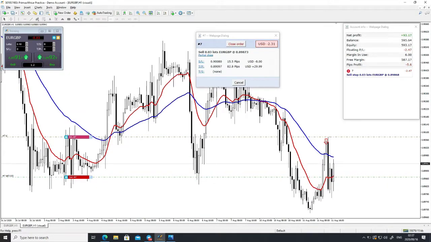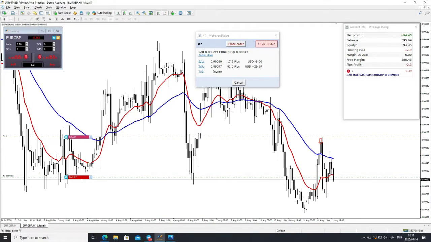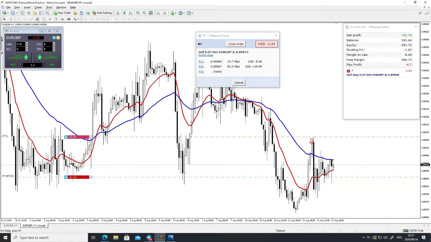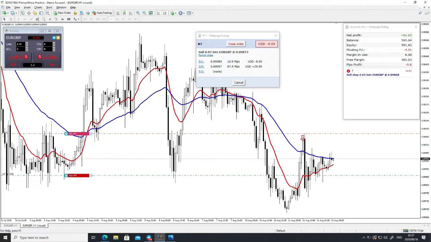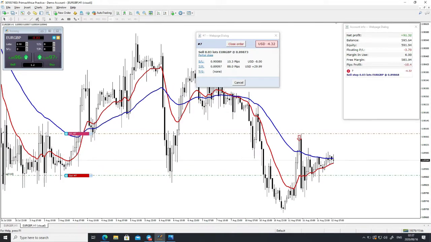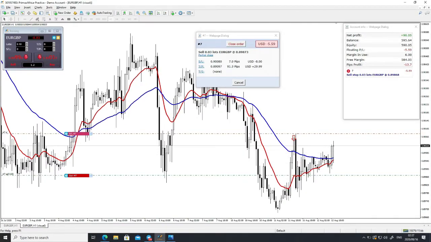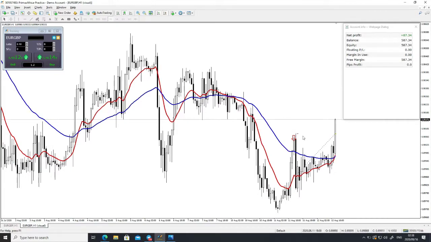It looks really promising. So yeah, we're still waiting for this thing to decide stop loss or profit. Stop loss. So we just lost $10 over there in that big space.